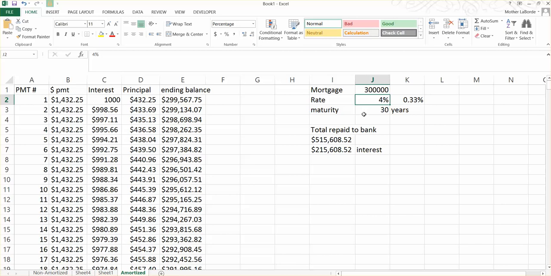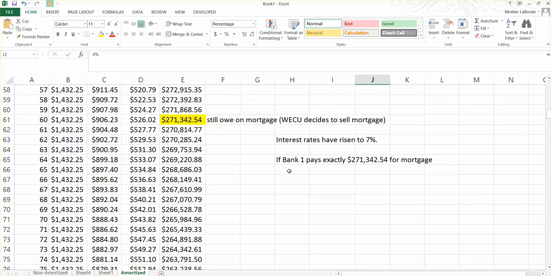That was the rate the mortgage had when it was first lent to me. Well, they don't want to earn only 4%. They could do a new mortgage themselves and earn 7%. So it doesn't make sense to pay this much money for a mortgage that's only going to generate 4% for them. They want to earn 7%.